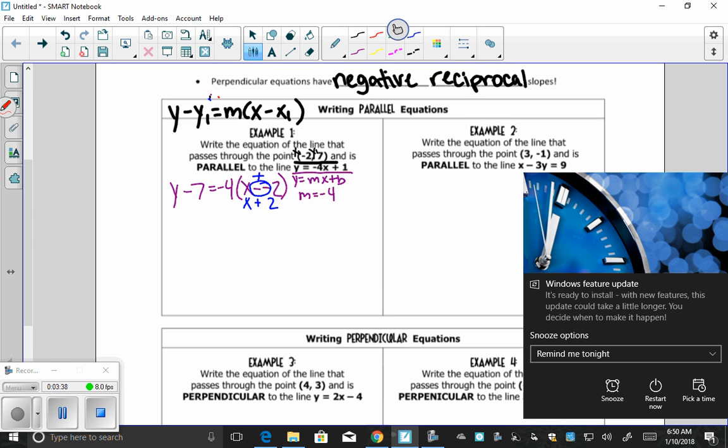So from here, my next step is to distribute. -4 times x is going to give me -4x. -4 times 2 is going to give me -8. Here, I have to move my 7 to the other side, and I'm left with y equals -4x minus 1.